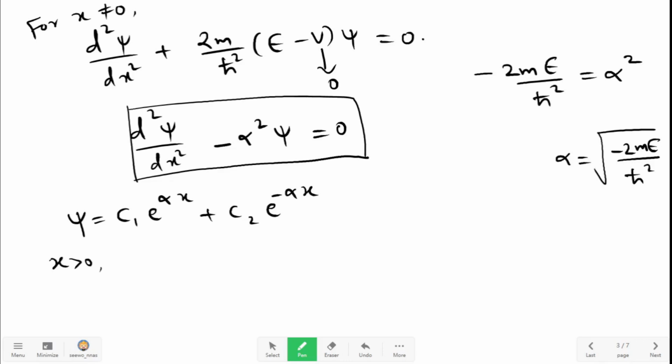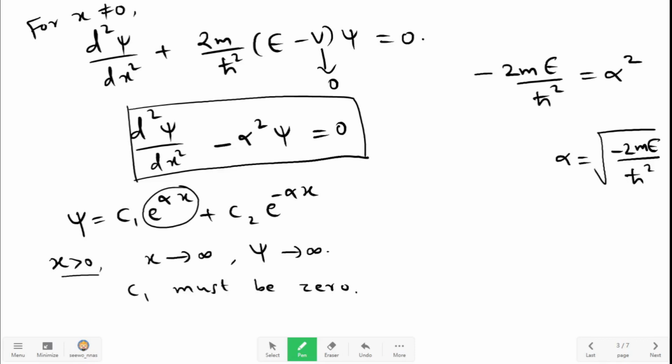In this region, what happens when x tends to infinity? When x is tending to infinity, this e raised to alpha x tends to infinity, and therefore psi tends to infinity. But is this acceptable? This is not. Why? Because we are saying that the particle is in the infinitely far region with finite probability, which is not physically acceptable. Therefore, we say that for the x greater than 0 region, C1 must be 0.